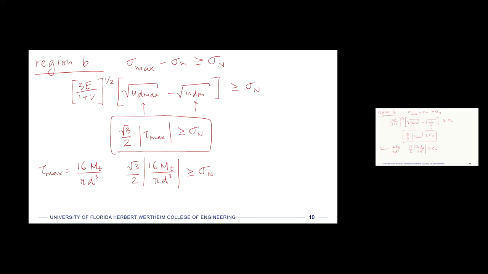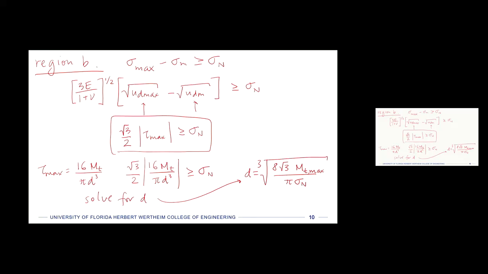And so we have this expression, and now we're going to solve for d, because that's what we really want, right? So if we solve for d, we come up with, d is equal to the cube root, because we had d cubed on the bottom, and then we have some constants in here, 8 times square root 3 times the maximum moment, divided by pi times fatigue strength, sigma n.